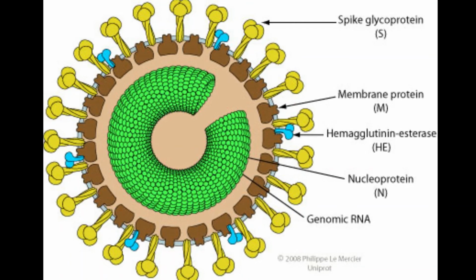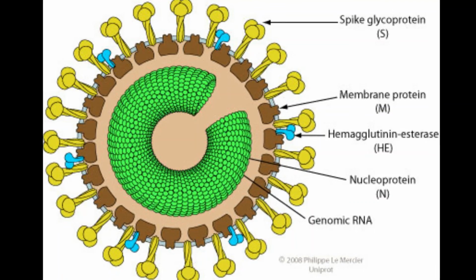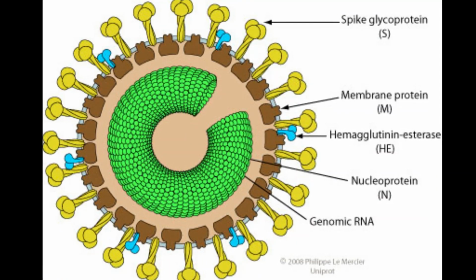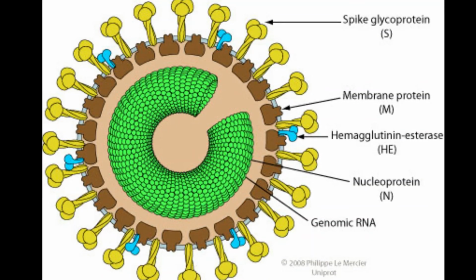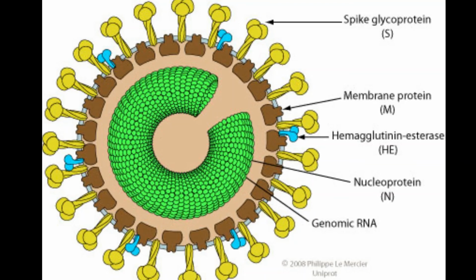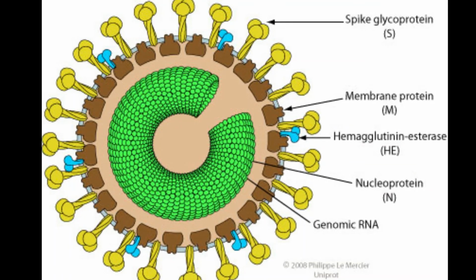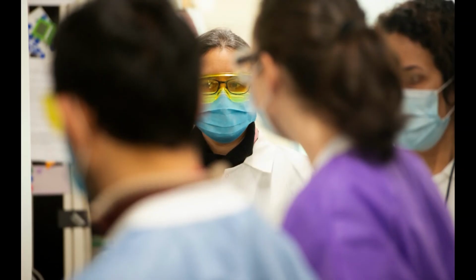HE mediates binding to sialic acid residues and cleaving them. Sialic acids are acid sugars with a carbon backbone, serving as parts of the likes of glycoproteins and glycolipids. Some scholars consider that HE allows toroviruses to penetrate into the mucous layers of the respiratory and digestive tracts.